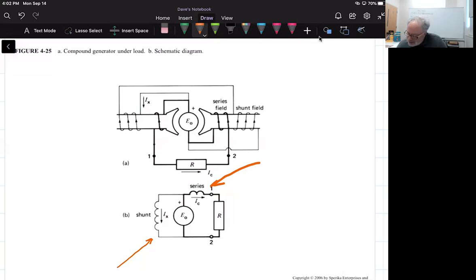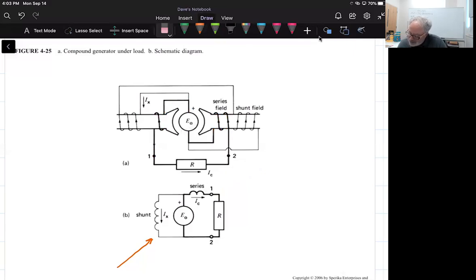The total resistance of the series coils, because the wire is of a larger gauge, is therefore very small. Now, look, he's even tried to show us and represent this in the physical drawing, and see how these series coils creating the series field, they're shown in our drawing as a thicker gauge wire.